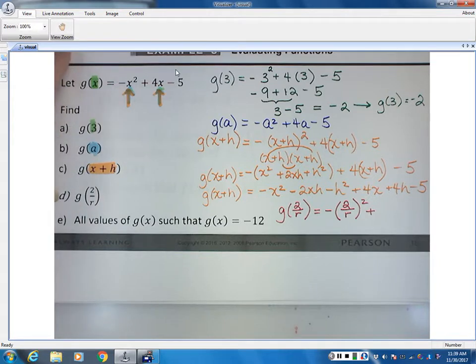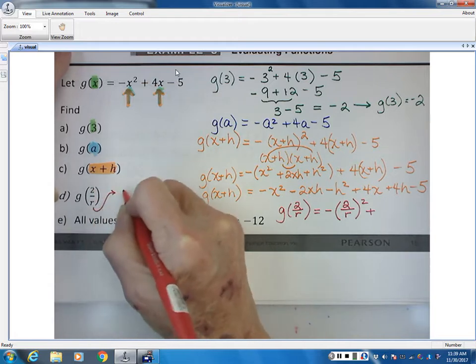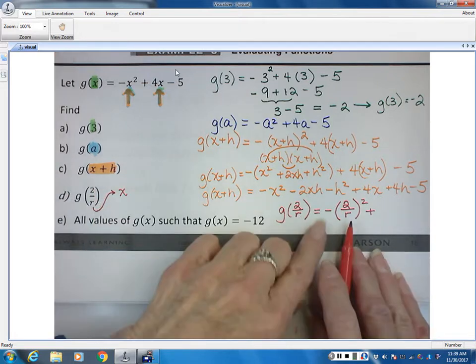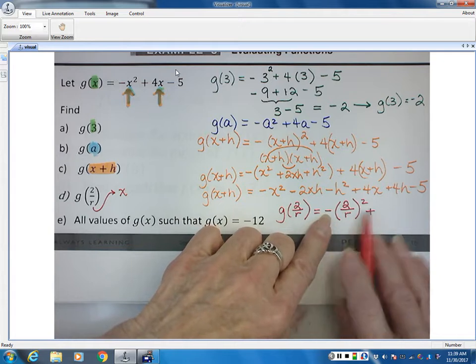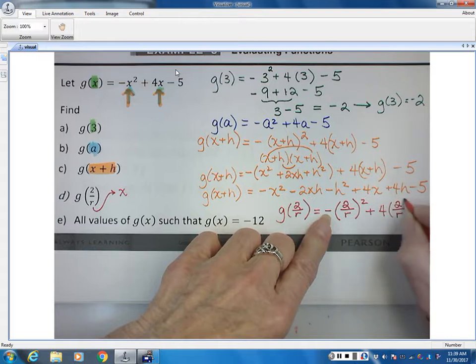And how do you do that? You say g of 2 over r is equal to the opposite of (2 over r) squared plus 4 times 2 over r minus 5.